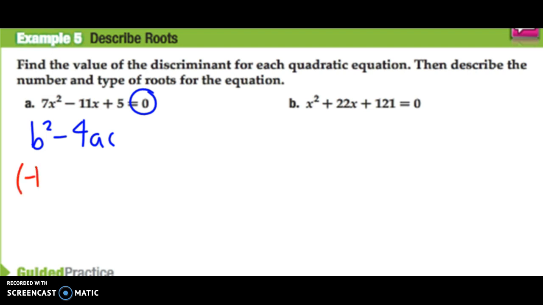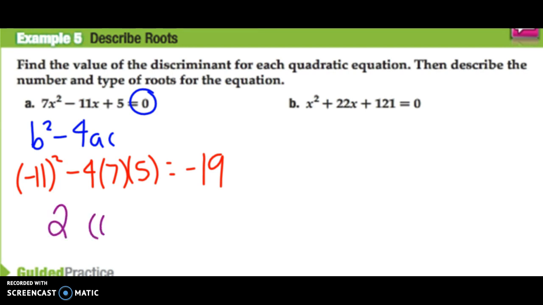So b is going to be negative 11 squared minus 4 times 7 times 5. And when I put that into my calculator, I find that my discriminant value is going to be negative 19. So since it's negative, we look back to our notes. Anytime my discriminant was negative, I was going to get two complex roots.